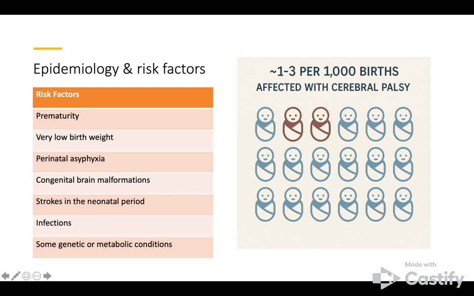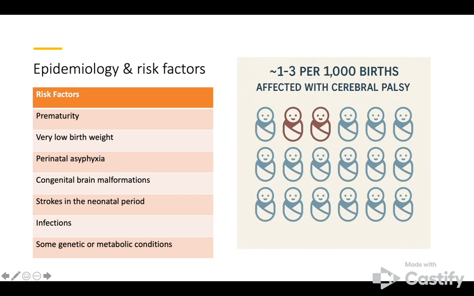So: prematurity, very low birth weight, perinatal asphyxia, which means that some parts of the brain are not getting as much oxygenated blood as they need, congenital brain malformation, strokes in the neonatal period, especially if the parents have any history of thromboembolic events, infections like toxoplasmosis or cytomegalovirus, and some genetic and metabolic conditions can lead to this.